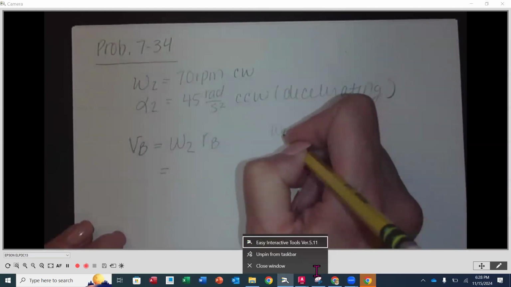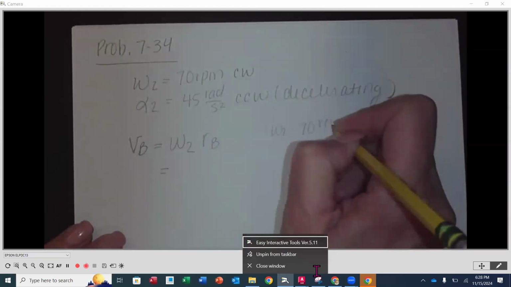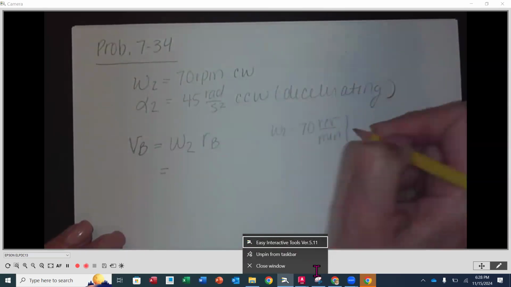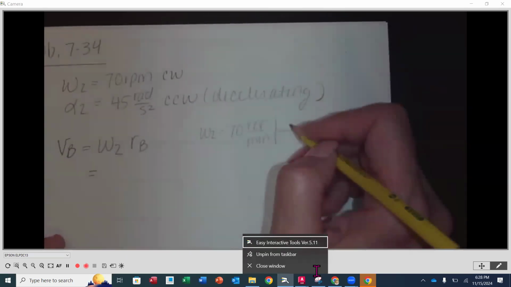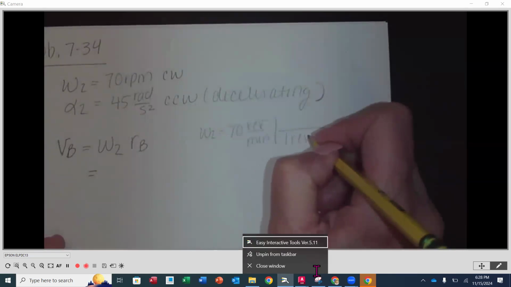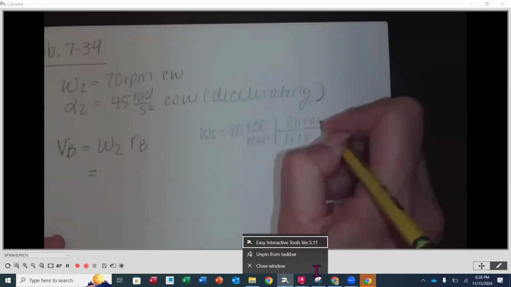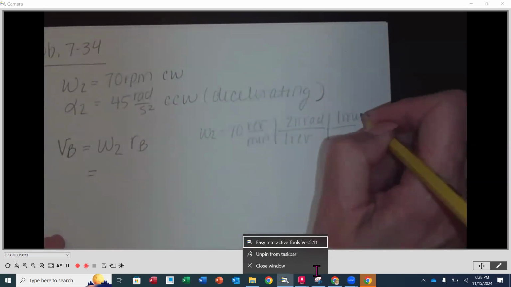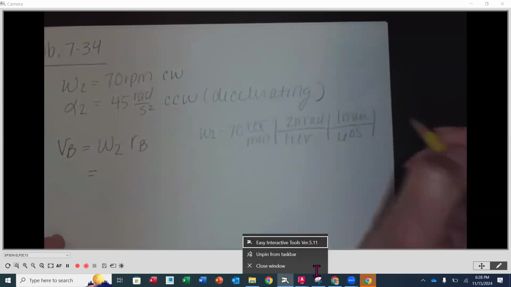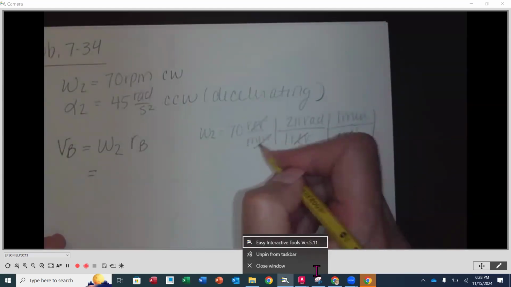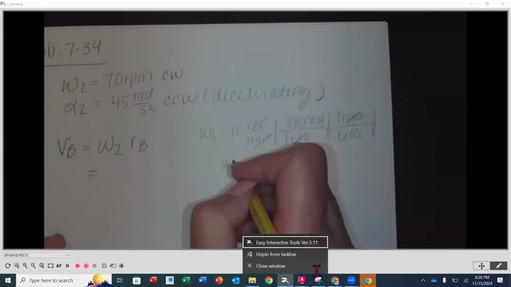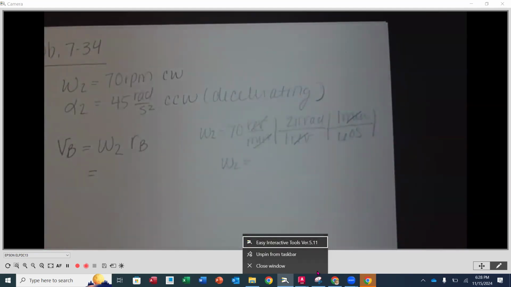So W2 is equal to 70 revolutions per minute, okay? And you always have to convert this. So 1 revolution is 2 pi radians, 1 minute is 60 seconds, right? So revolutions cancel, minutes cancel. Our W2, do you know the number? Does anybody know the number?